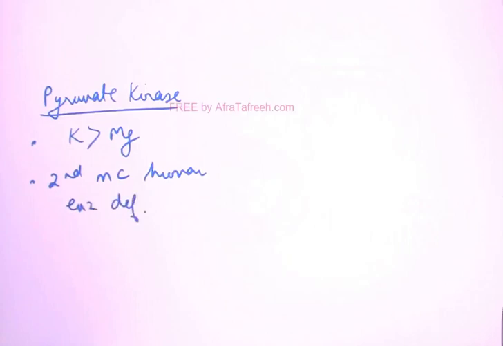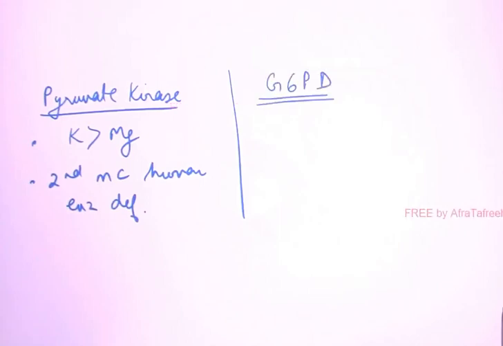There is one more enzyme which is the first most common human enzyme deficiency, that is G6PD enzyme, which is an enzyme of the HMP pathway. Pyruvate kinase enzyme is of the EMP pathway or glycolysis. G6PD is an enzyme of the HMP pathway, and this is the first most common human enzyme deficiency.